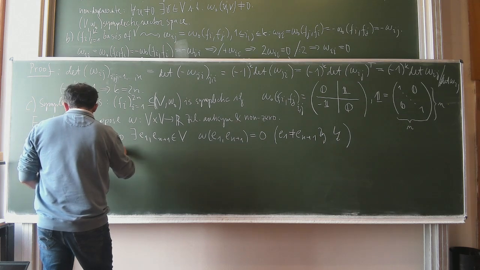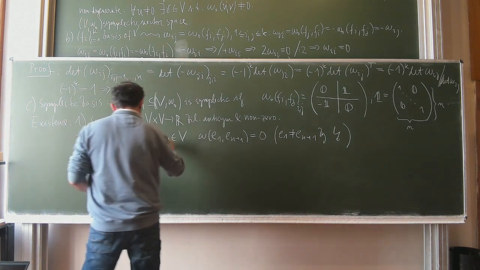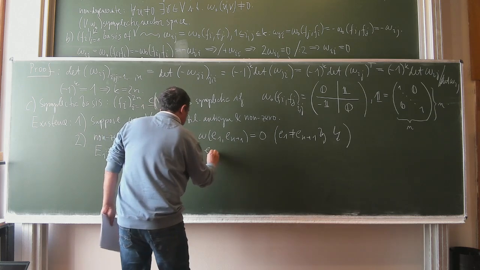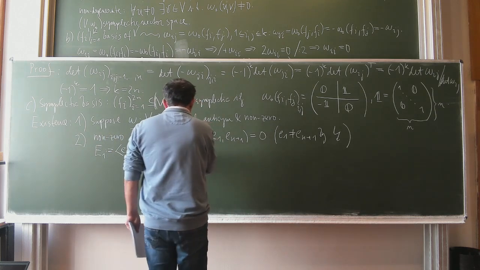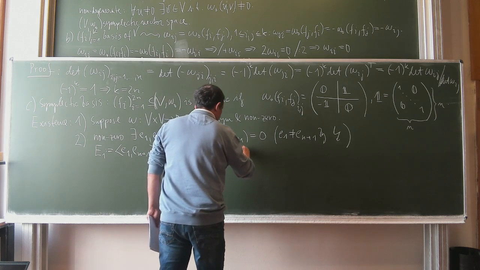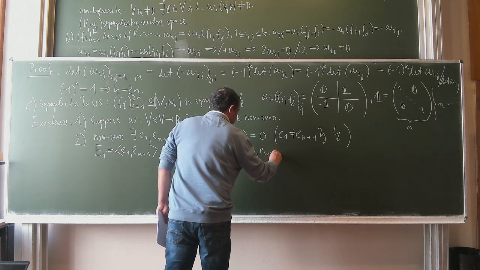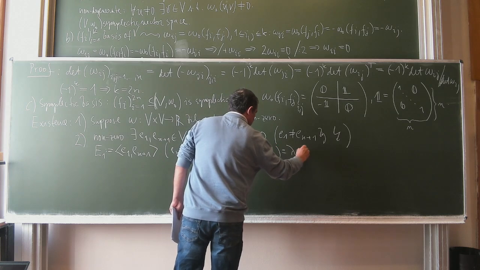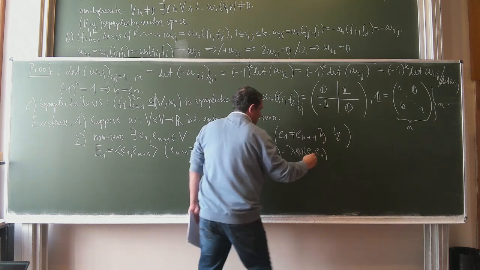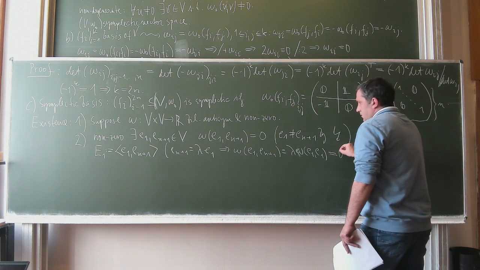So let us define such a subspace. If E_{n+1} is a multiple of E1, or E1 a multiple of E_{n+1}, then omega(E1, E_{n+1}) is just lambda times omega(E1, E1), which is 0.